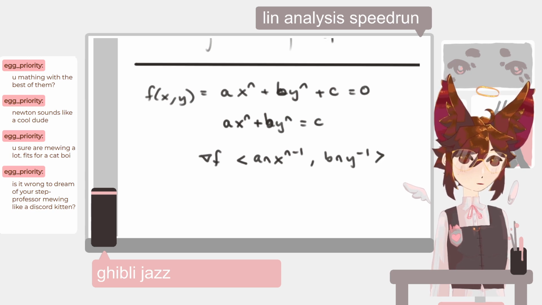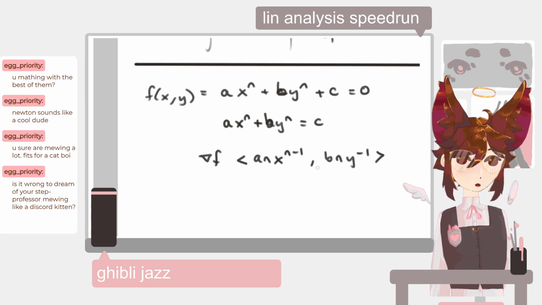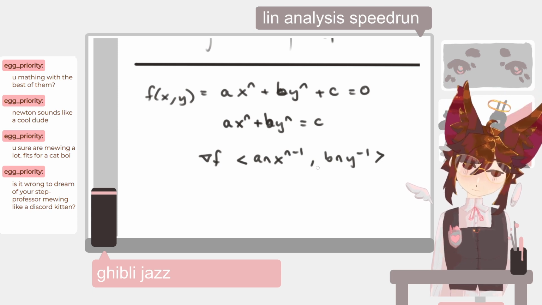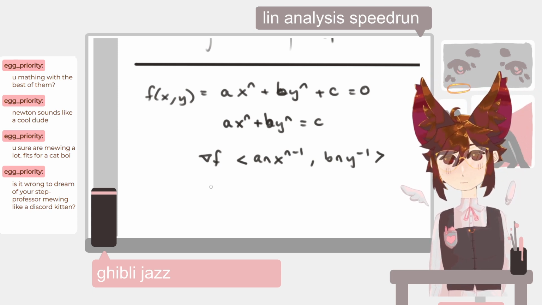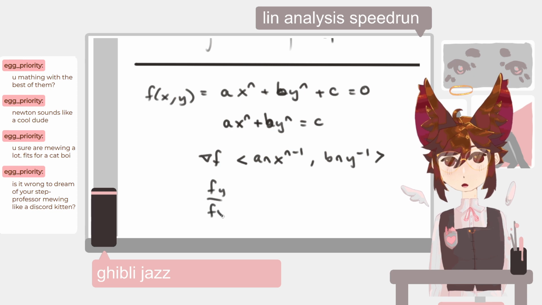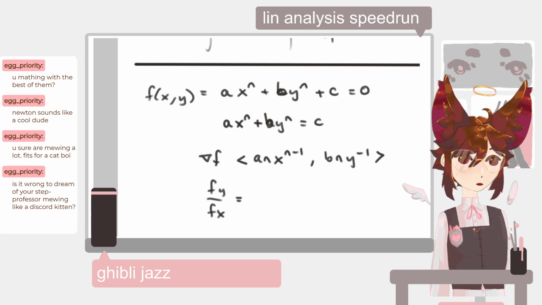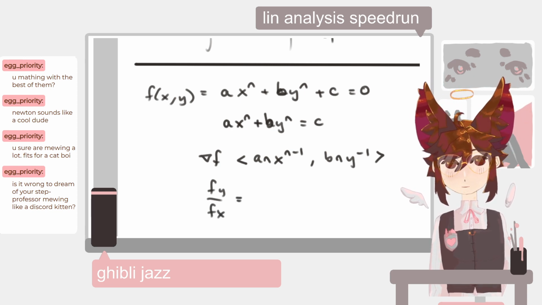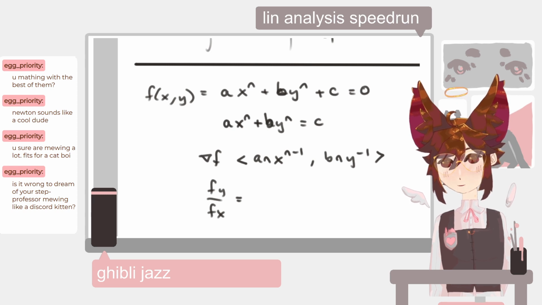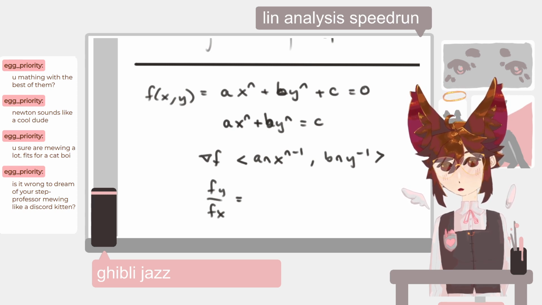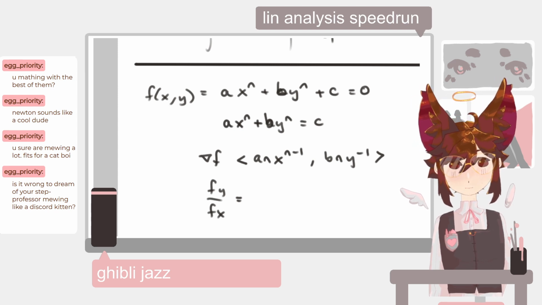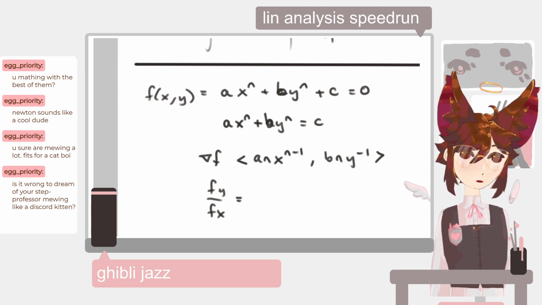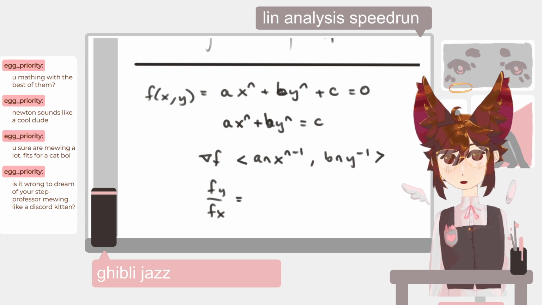So now, with this partial, we can do f of y over f of x equals, how do I do this? Let me remember real quick. I swear I remember how to do this. We do the slope of the partial, and that's going to be our y prime.